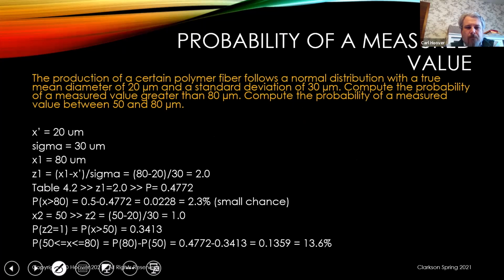And so the probability of being between these two values, 50 and 80, is just the difference in the probability. Probability of 80 minus probability of 50, 0.4772 minus 0.3413, or 13.6% probability of a value being between 50 and 80.